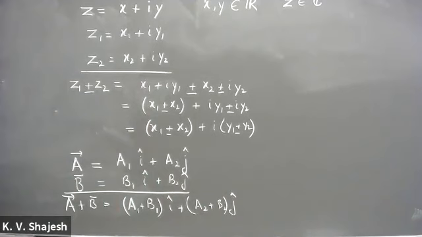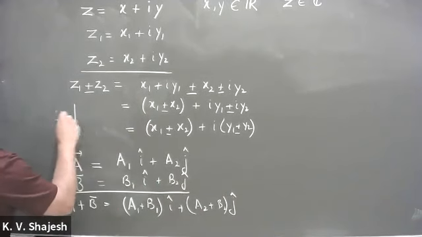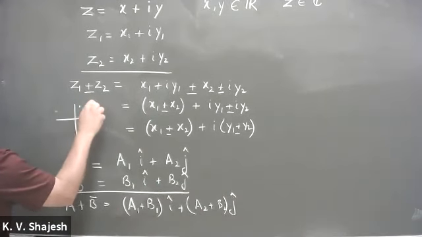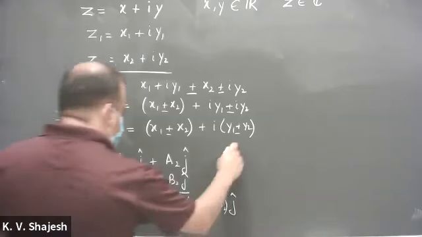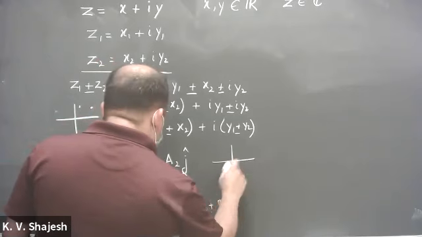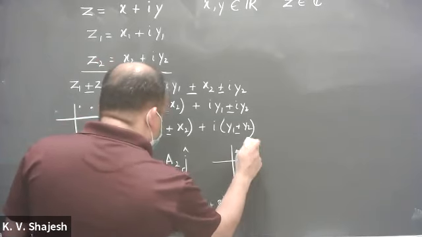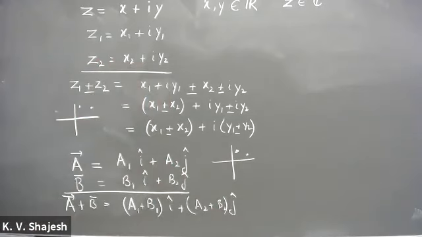If you were to have a complex plane with two complex numbers and you add them, they will pretty much look like your A plus B in a vector space. There's an addition of two vectors. Addition and subtraction of two vectors has a one-to-one correspondence with addition and subtraction in the complex plane.